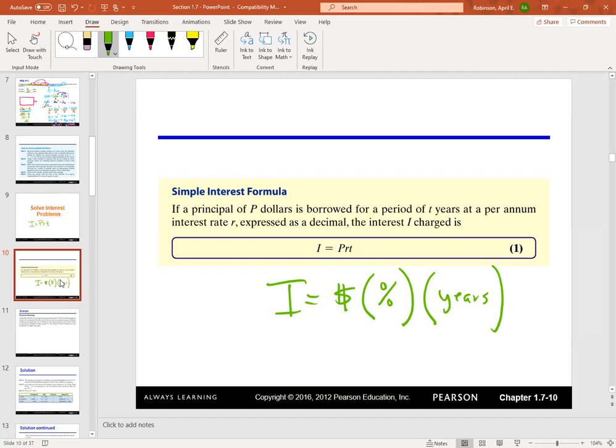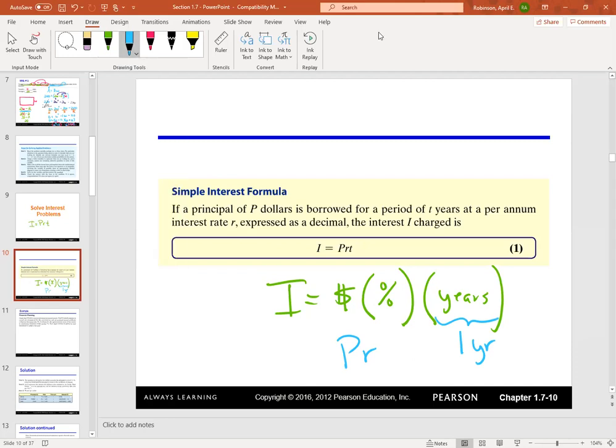Now, for this section, I think almost all of your problems are going to give you 1 year for time. So really all we have to do is principal times rate, because when you multiply times 1, nothing changes.